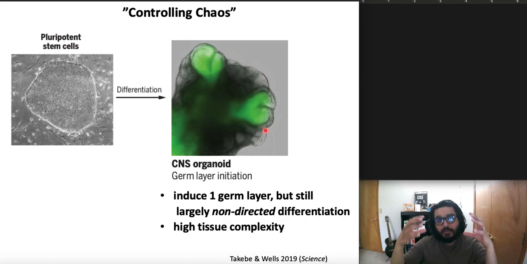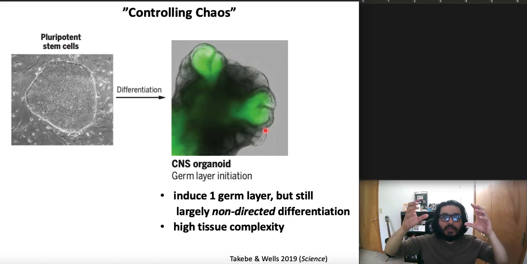We can take it one step more complex, where we're still focusing on one germ layer, but we let it be non-directed. As researchers, we're trying to recapitulate things as, quote, naturally as possible, where we're not directing any differentiation. We're not saying we want just this cell type or just these 2 cell types to appear.